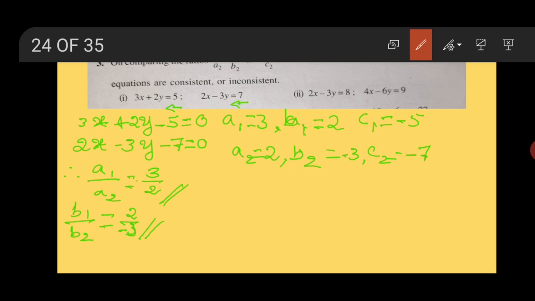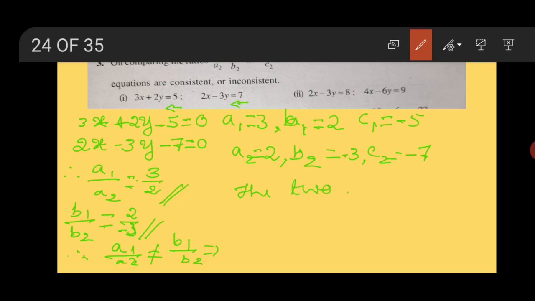No. This value has a positive sign and this value has a negative sign, so they are not equal. So there is no need to find the ratio C1 by C2. Therefore here A1 divided by A2 is not equal to B1 by B2. This implies what? The two lines are intersecting at a point.